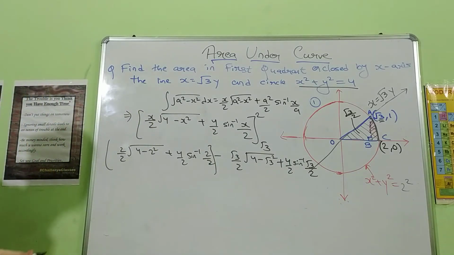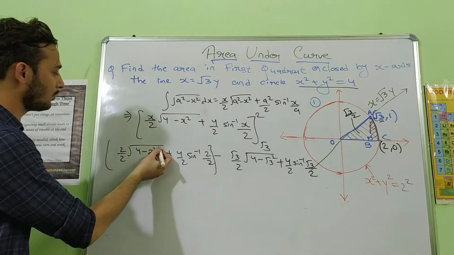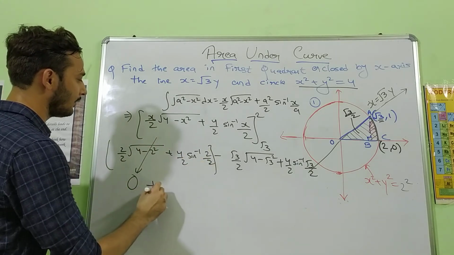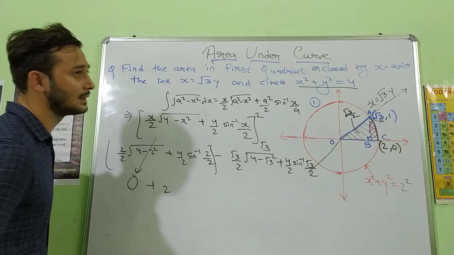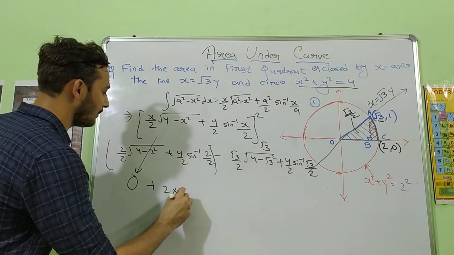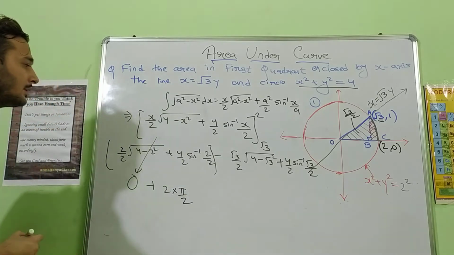Now solve it. 4 minus 2 square is 0. This will be 4 by 2, that is 2, sine inverse 1. Sine inverse 1 is pi by 2. So this will be pi.